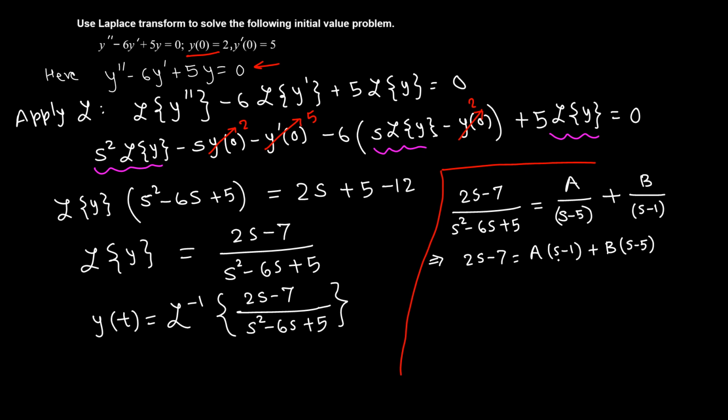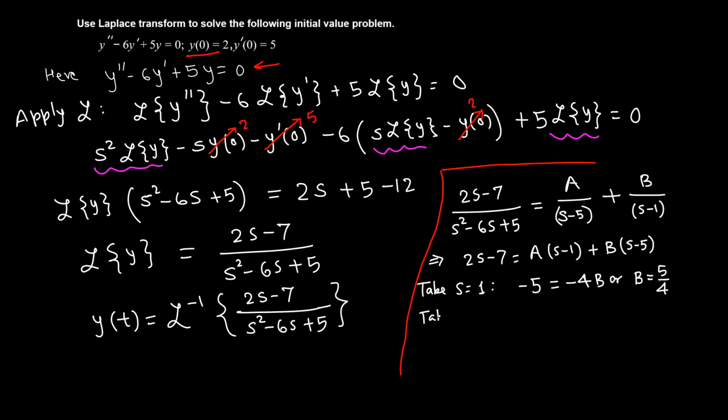If we take s equals 1, then 1 minus 1 is 0, and we can find the value of B. So when s equals 1, 2 minus 7, negative 5, equals, this is gone, 1 minus 5, that's negative 4B. Now if we divide by negative 4, we get B equals 5 over 4.